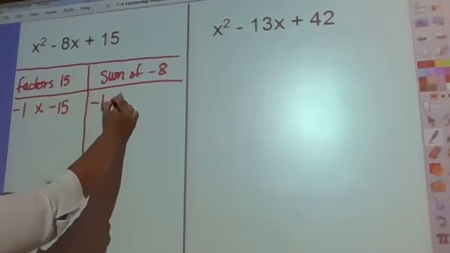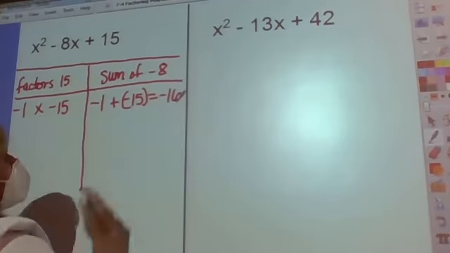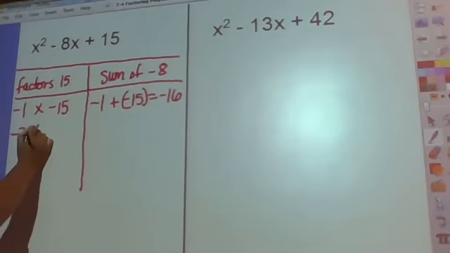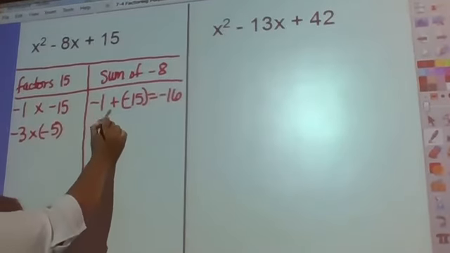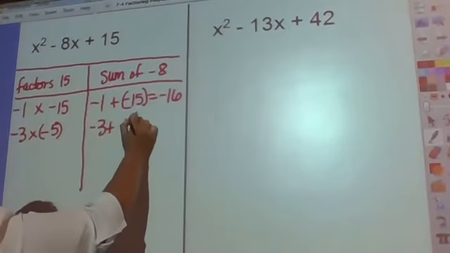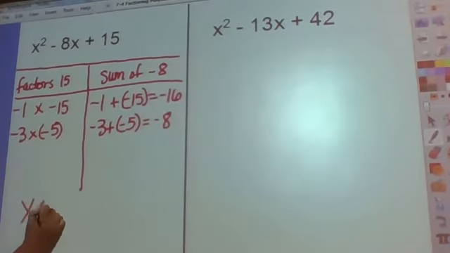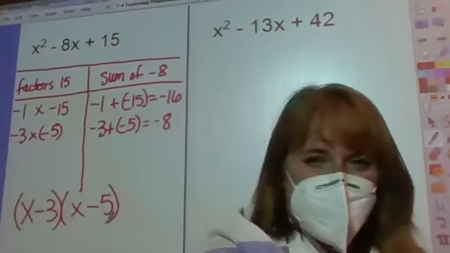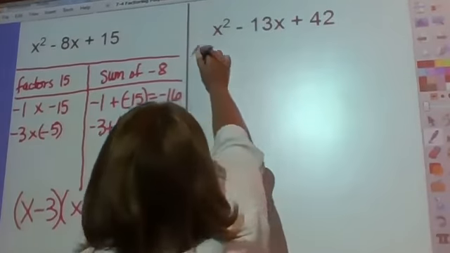Negative 1 plus negative 15 is negative 16, that doesn't work. So move on to 3. Negative 3 times negative 5 gives a sum of negative 8. Winner, winner, chicken dinner. So it would be x minus 3 times x minus 5. Okay? Got it?